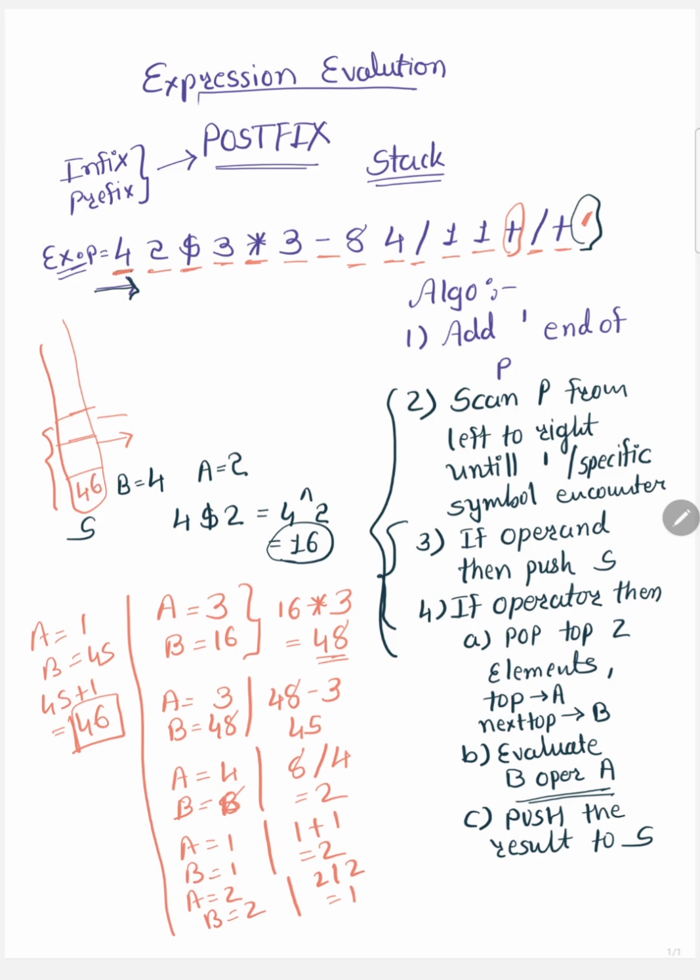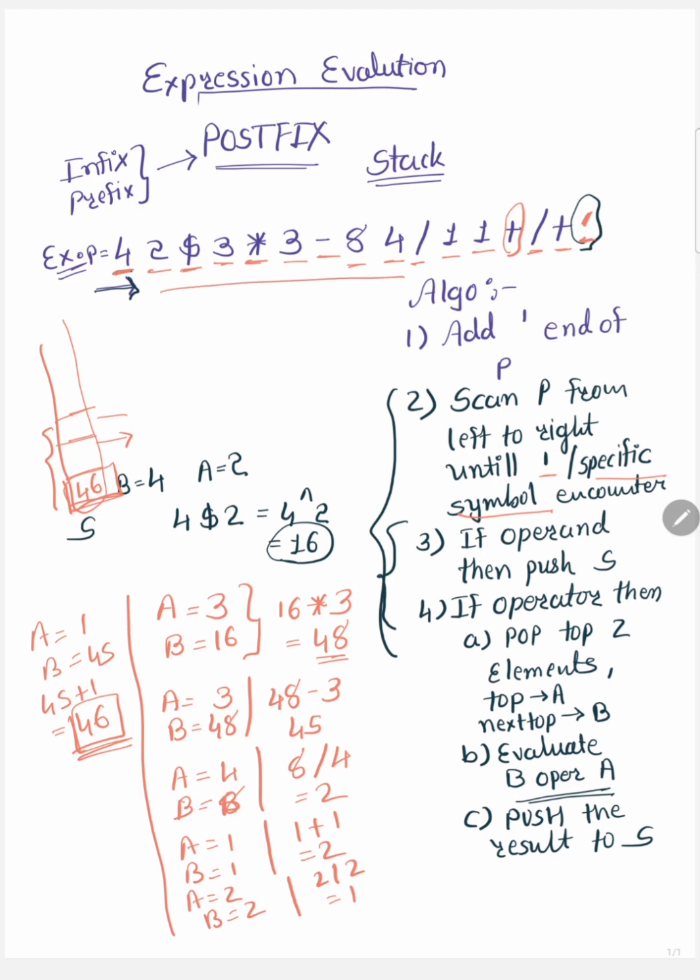And then next you can see that this is the symbol that denotes the end, right? Here I have decided that I kept this symbol. You can go with any other symbol, that specific symbol denotes it's an end. That means whatever I'm getting over here, 46, that is my final answer for this expression.